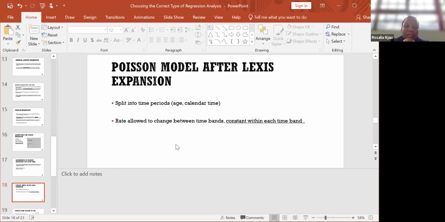A Lexis expansion splits time into different levels, so as to have the constant baseline hazard only within those split times. Maybe you can split using age or calendar time. This would relax the assumption, and the rate would be allowed to change only within the time bands.